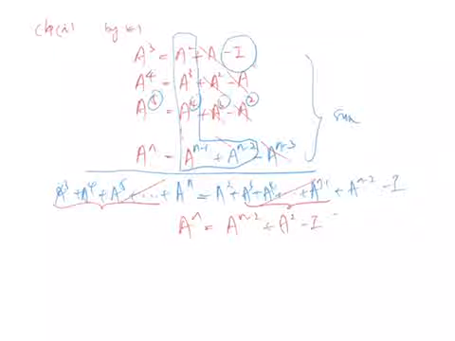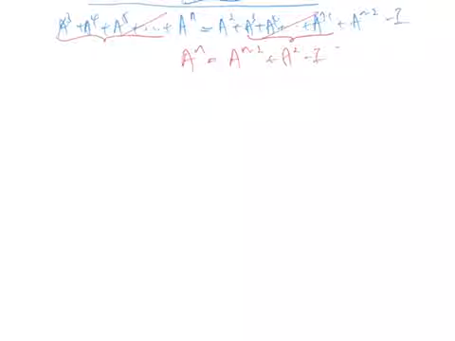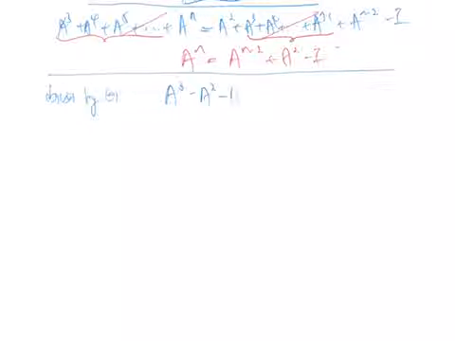Okay, and then another possible method can be done like this. Now this is B1. By part A, A cubed minus A squared minus A plus I equals 0. Now we move these two terms to the other side.